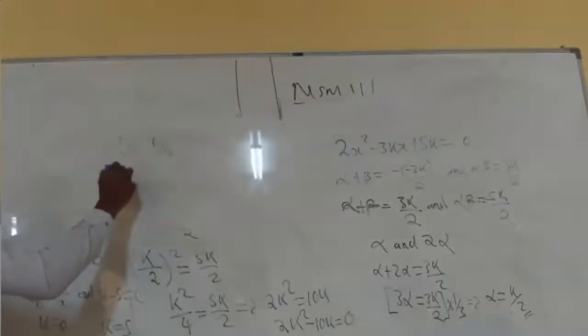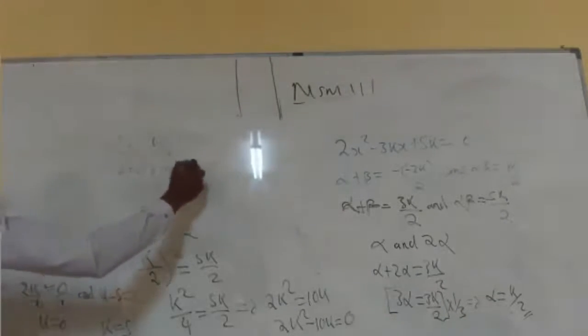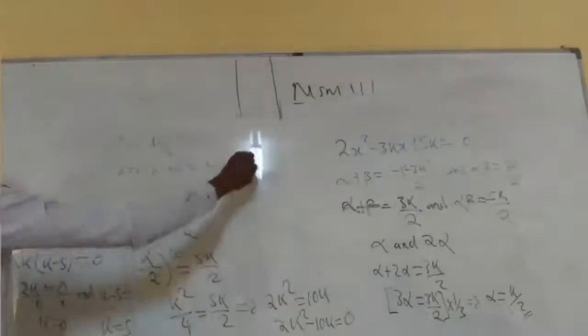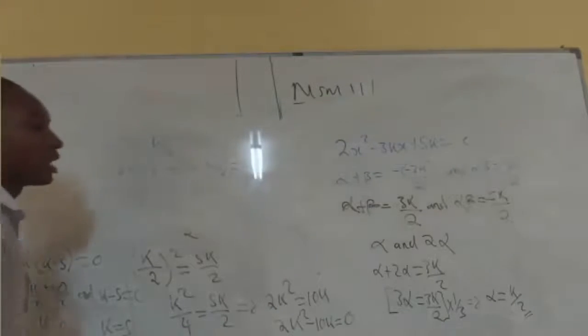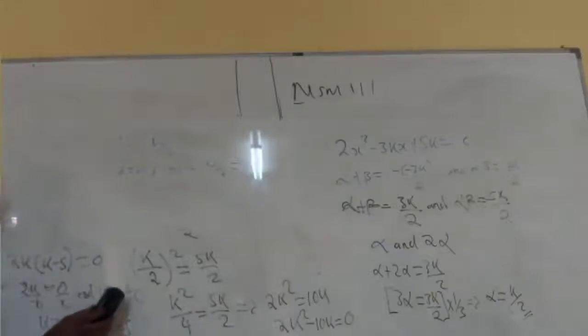So when k is equal to 0, alpha is 0 over 2, and this is 0. Please do not rush, read the question. Some of you might have been ending at k. When the question says determine the roots for which k is this, so find k, then determine its roots. It goes further than that.